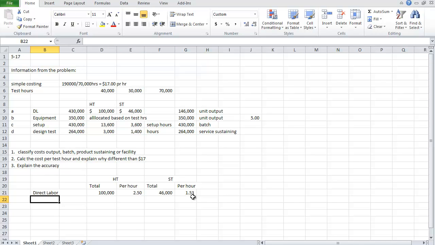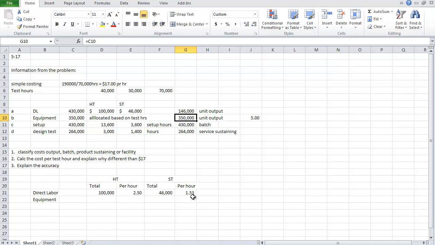Let's go look at the equipment, which we need to do a little bit of an extra step on. So our equipment, if we look at things, we know that the equipment has $350,000.